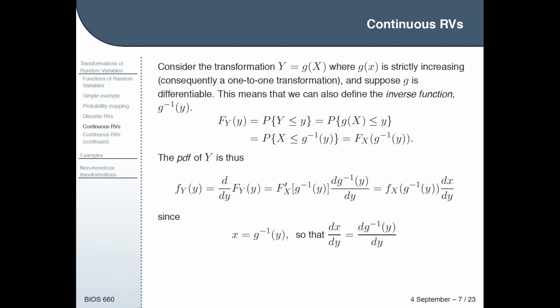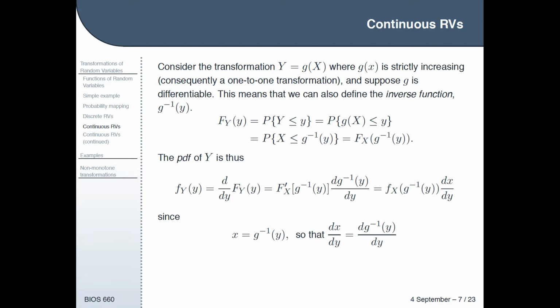So in this particular case, we're differentiating F sub x of g inverse of y, so that's going to be f prime of g inverse of y times the derivative of g inverse. So F prime of x is just the probability density function for the original variable x, so that's fairly straightforward to calculate.